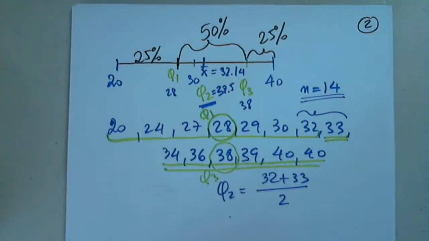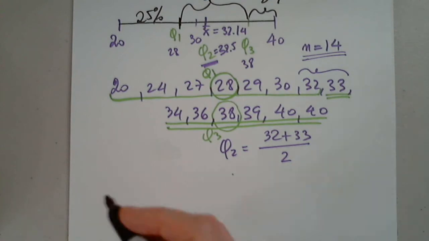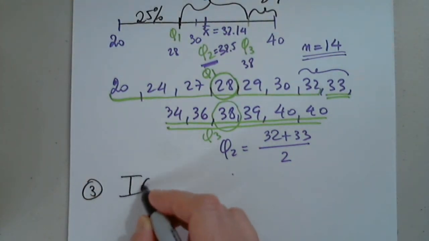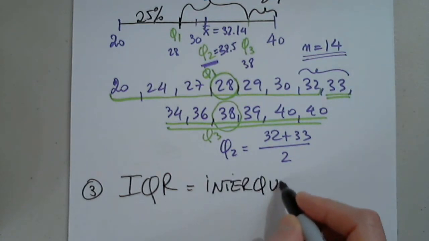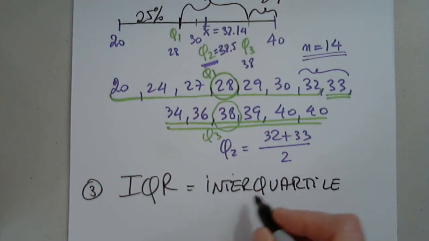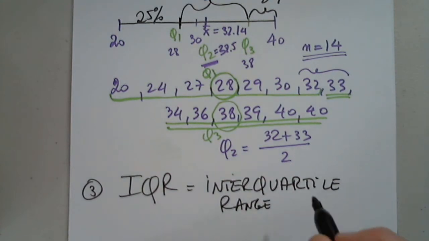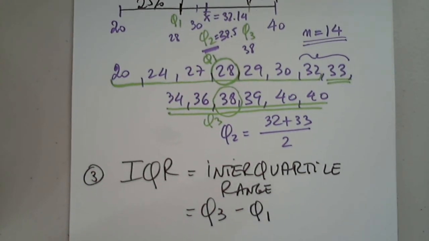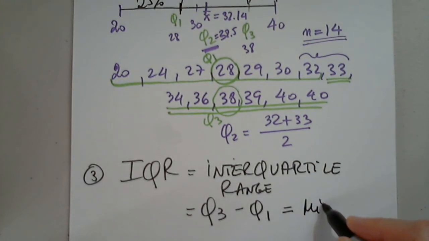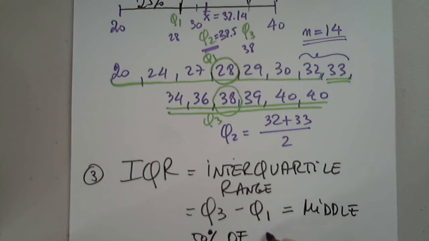It will be called, and this is number 3, that's why I wanted to continue with this, IQR. It's called the interquartile range. So the difference between Q3 and Q1, Q3 minus Q1, the interquartile range. And this is the middle 50% of the data set.